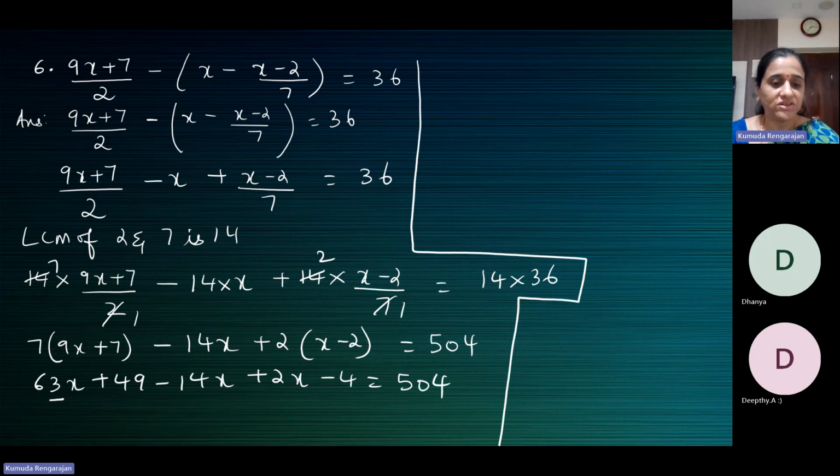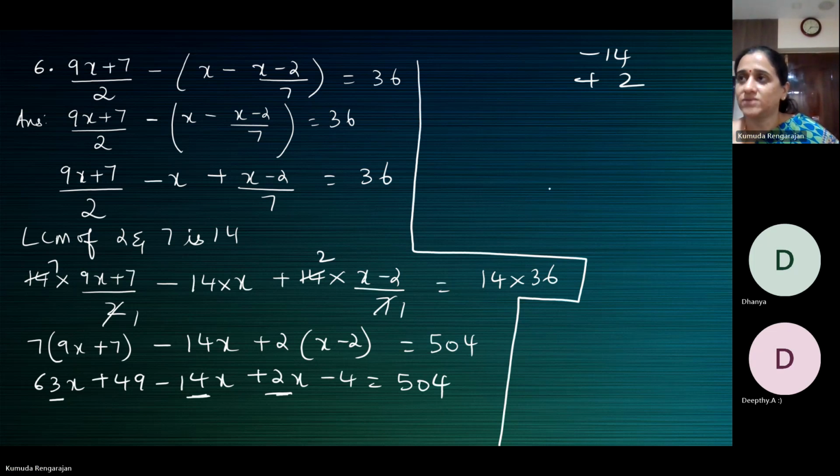Look at the x terms: 63x minus 14x plus 2x. What is minus 14x plus 2x? Different signs, minus 14 plus 2.